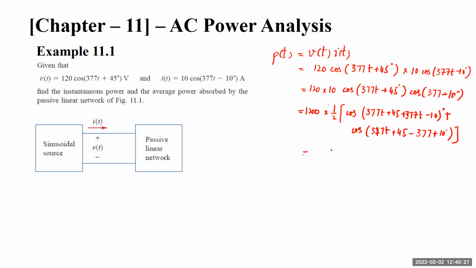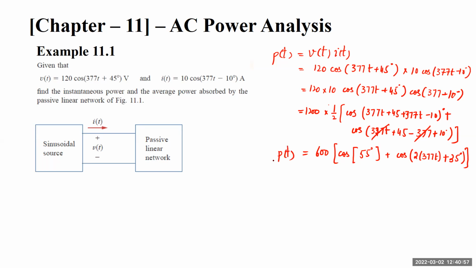So what we'll get is 600 times cos of 55 degrees, since the t terms cancel each other out, plus cos of 2 multiplied by 377t plus 35 degrees. So this is our value for p of t.